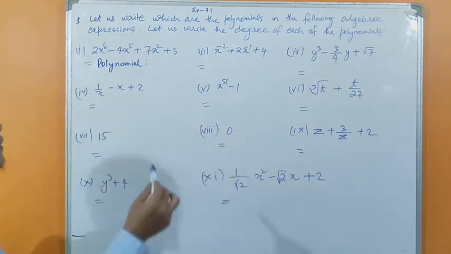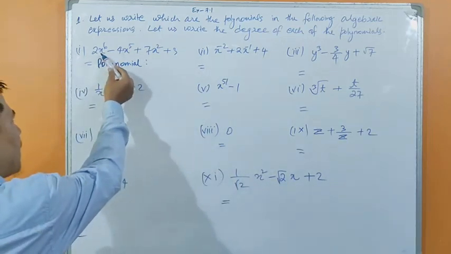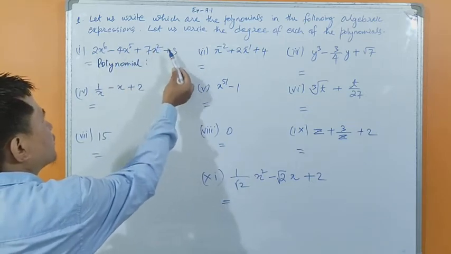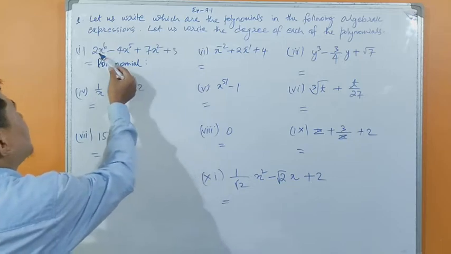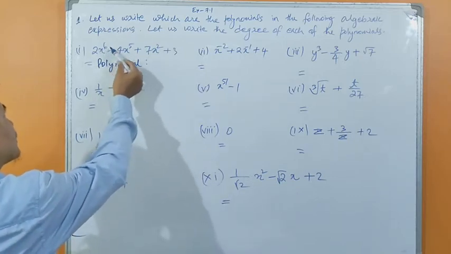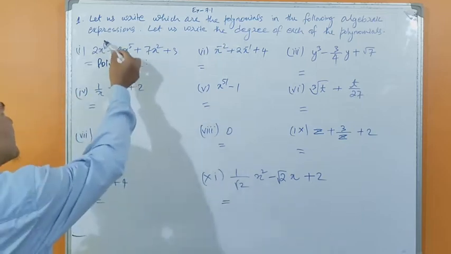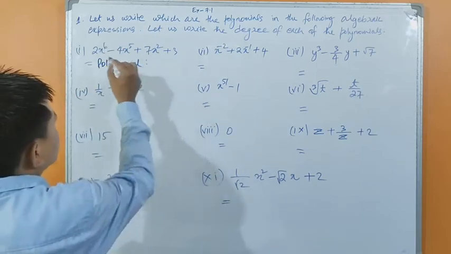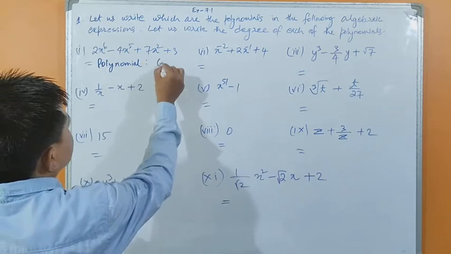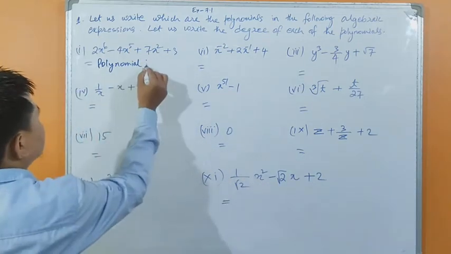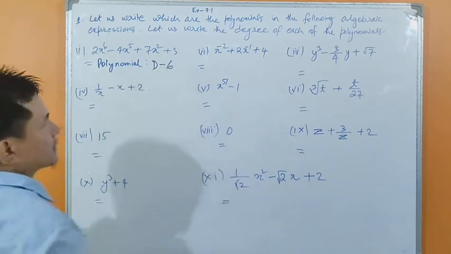Here the power of x is 6, here the power of x is 5, here the power of x is 2, and here the power of x is 0. The power of x is 6, which is the highest power of x, so the degree of this polynomial is 6. Degree of the polynomial is 6.